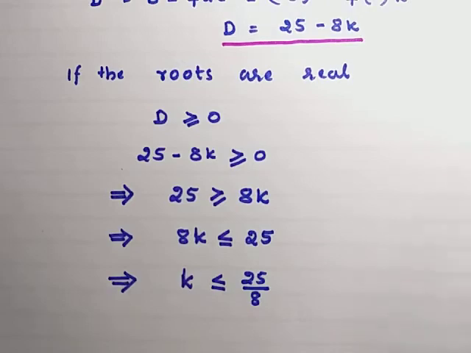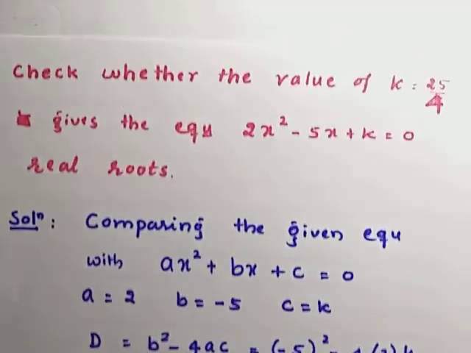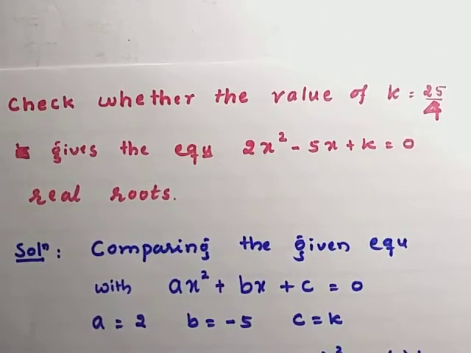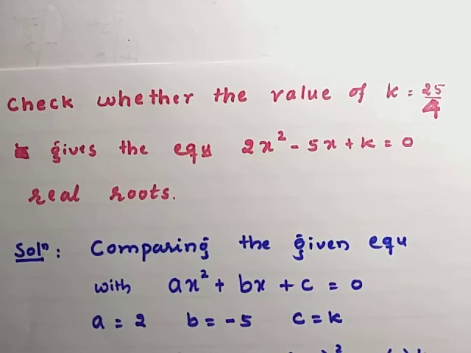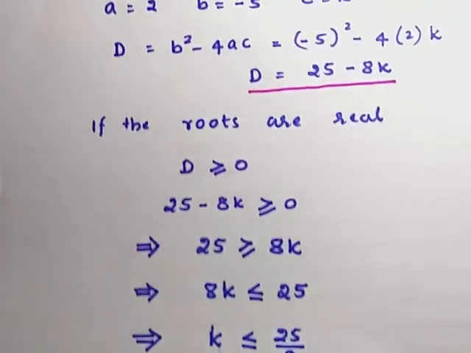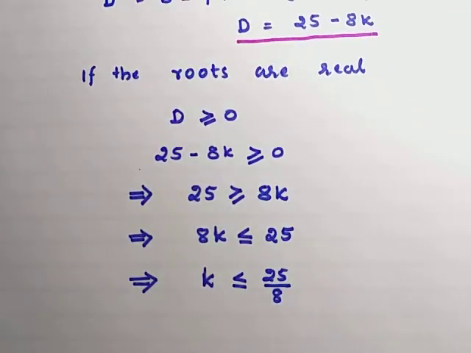What is our question? Now we'll go back to the question. Our question says, check whether the value of k 25 by 4 is the value of k for which 2x square minus 5x plus k equal to 0 produces real roots. Actually, what is the set of our value of k now?